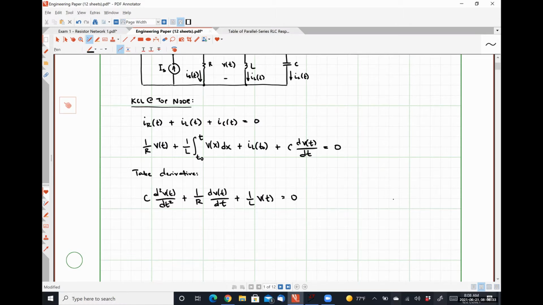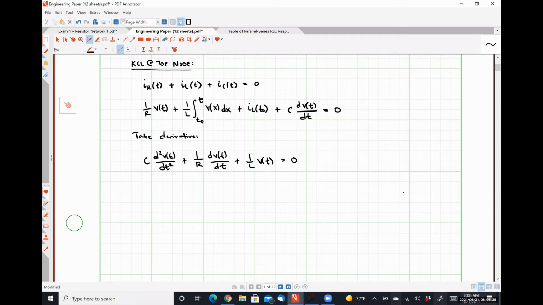So I'm going to divide everything through by C, which leaves me with the second derivative of the voltage plus 1 over RC times the first derivative of the voltage plus 1 over LC times the voltage itself.